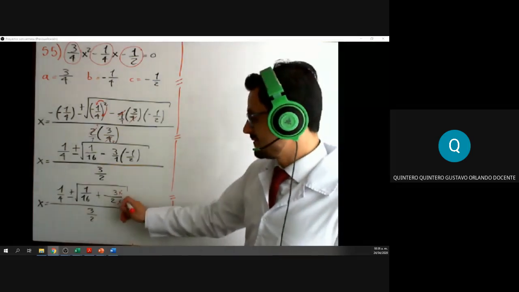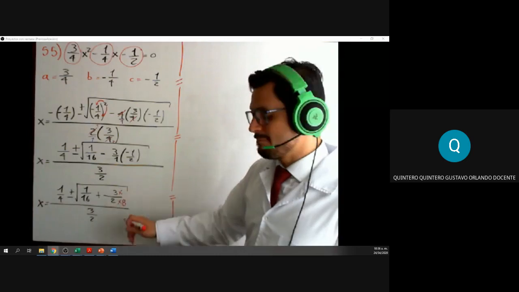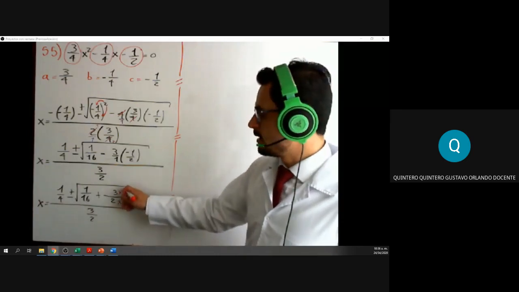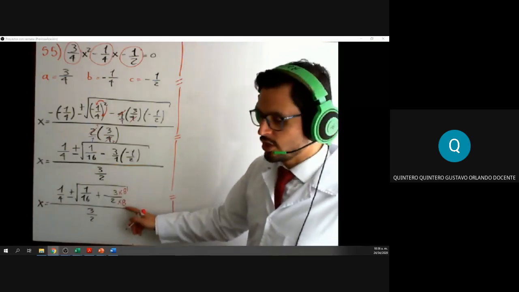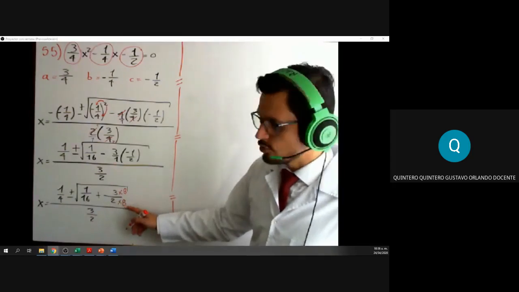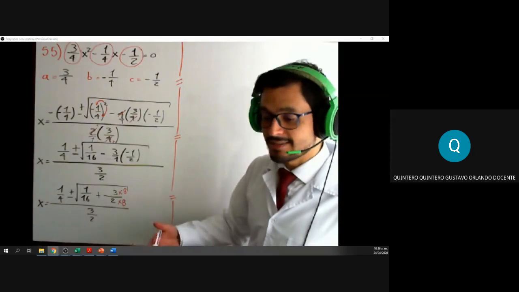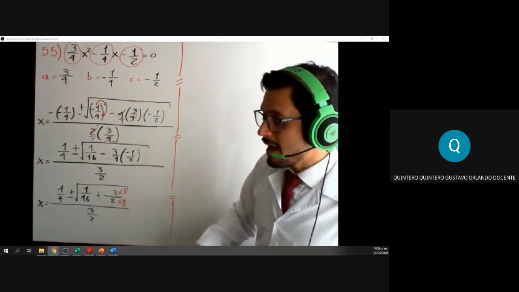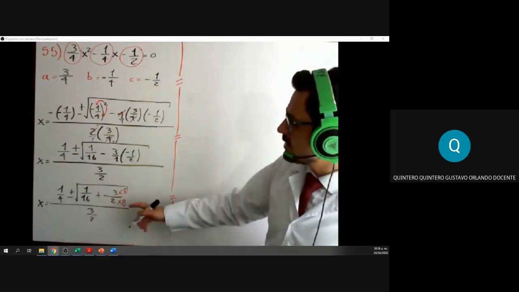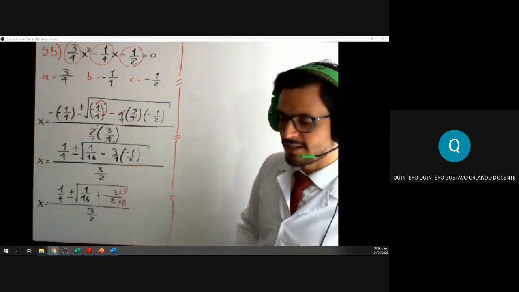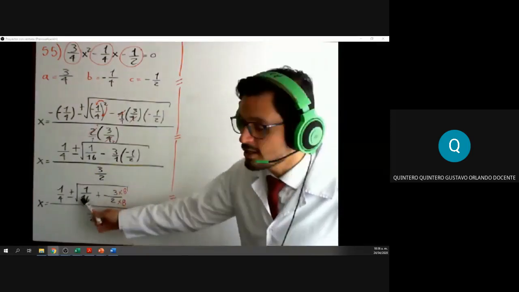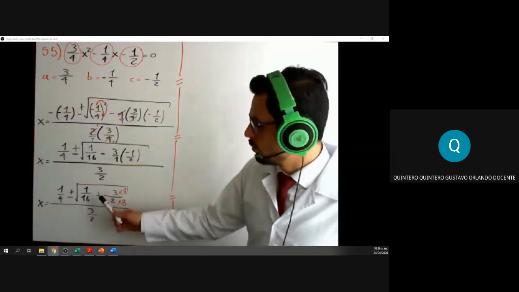It is 8. We're going to multiply it by 8 down and by 8 on top. Remember, if you change the fraction somehow, you need to change it both up and down so that it stays the same. All right. If I amplify this fraction, the fraction is now 24 over 16. And look at that. The fractions are now with the same denominator.